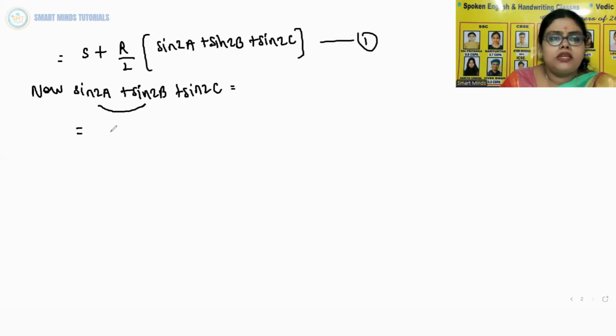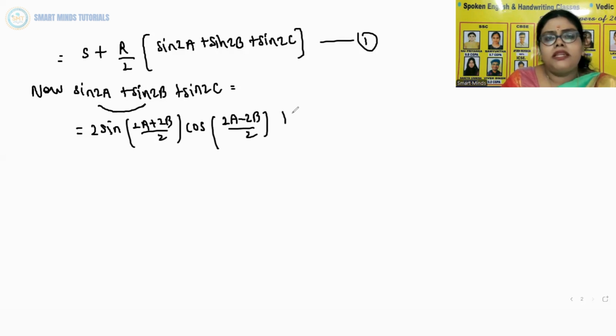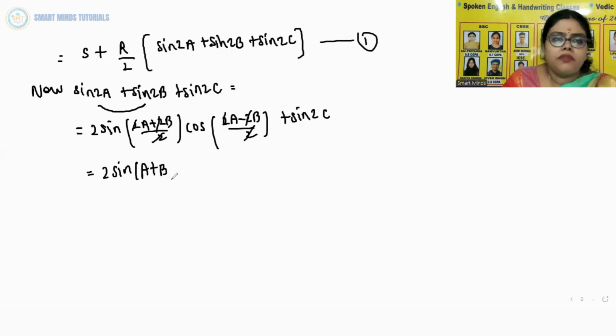So that is 2 sin ((C plus D) by 2) cos ((C minus D) by 2) plus sin 2C. So here 2 to 2 cancel and here also 2 to 2 cancel. So you get 2 sin (A plus B) cos (A minus B).